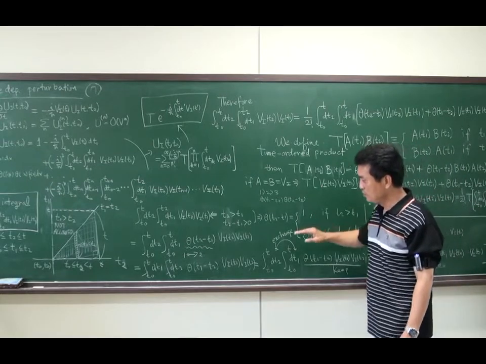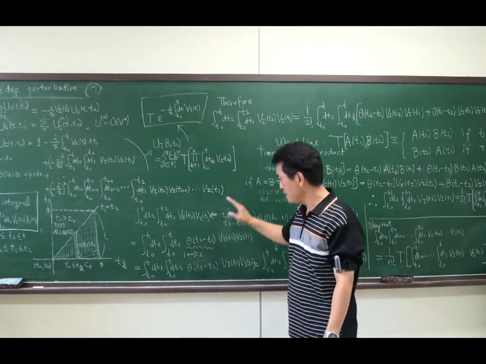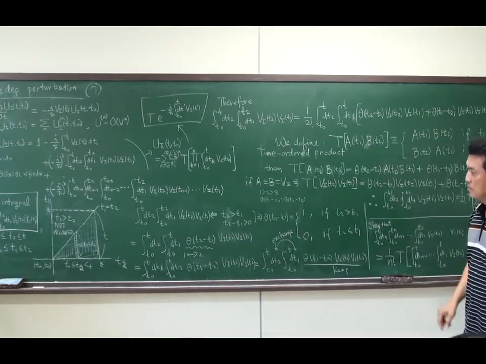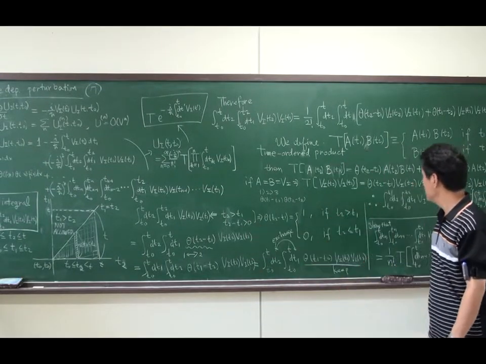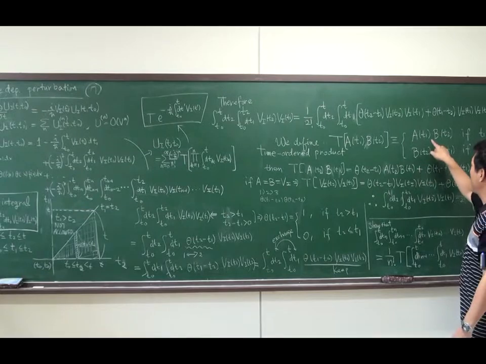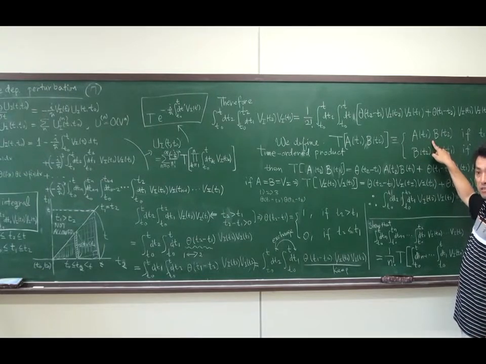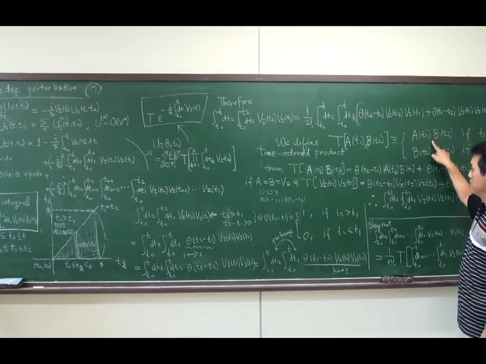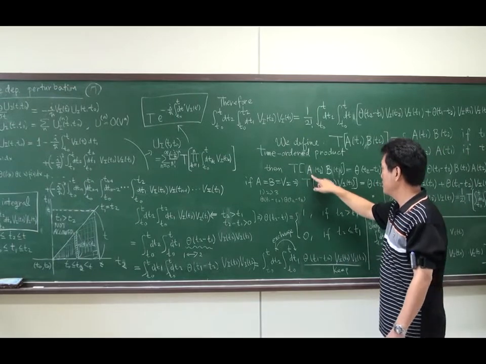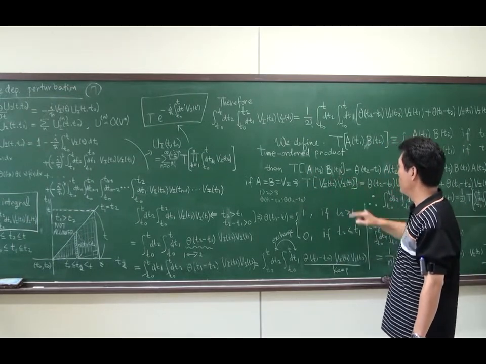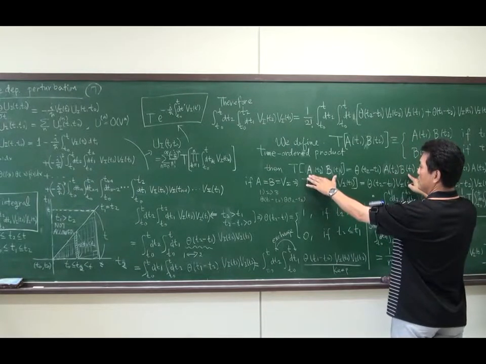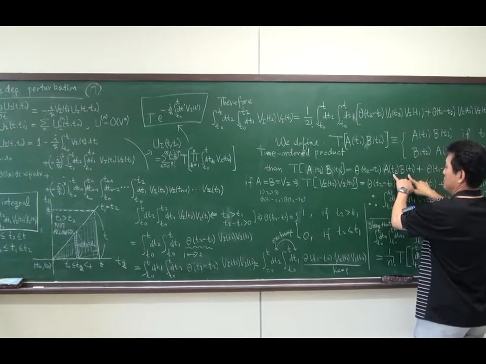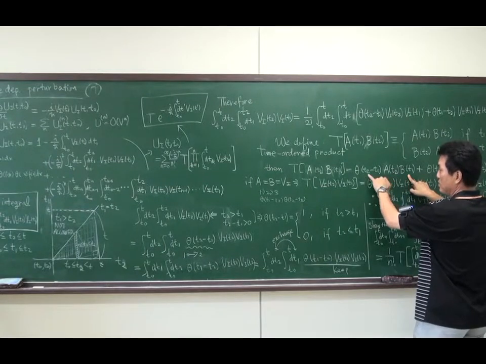As we have used the theta function to simplify these expressions, we can rewrite this definition in terms of the theta function. The time-ordered product of A(T1) B(T2) is A(T1) B(T2) with T1 greater than T2.